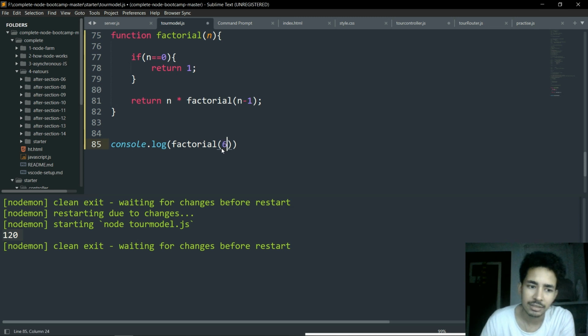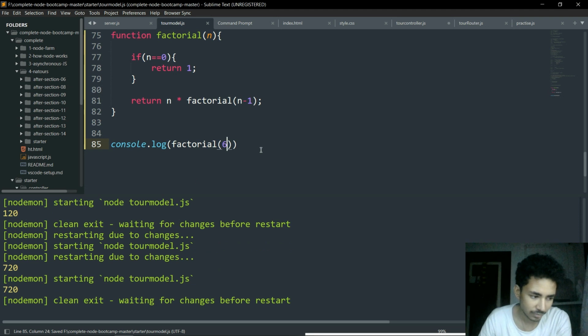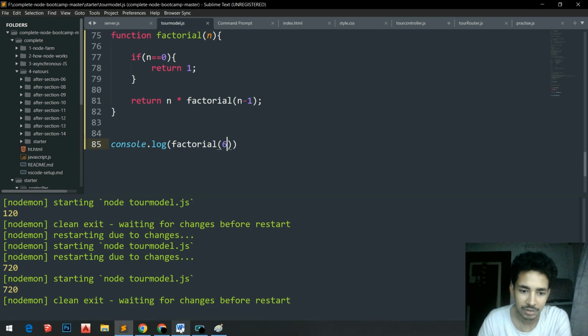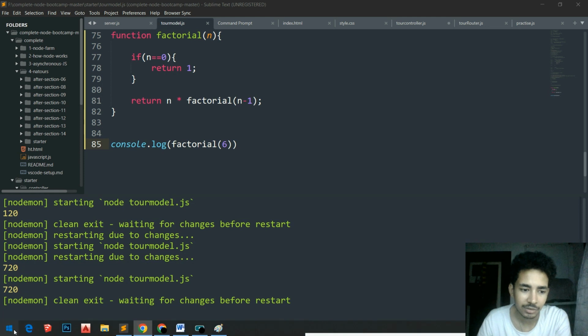So write it here, 6, and let's see. Oh, it's 720. Okay, 120 multiplied by 6 is 720. If you do not understand how 720, let's use the calculator.